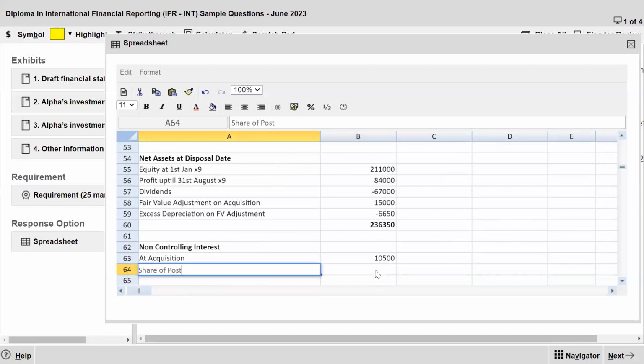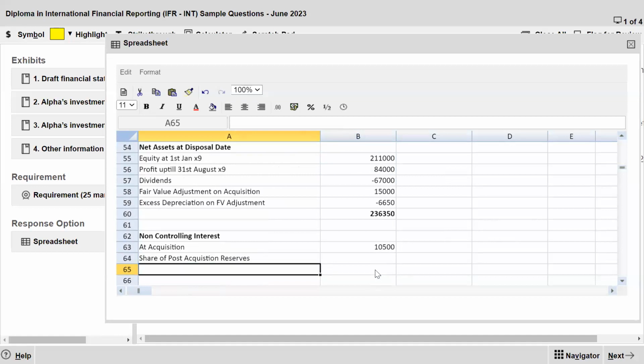Then the share of post-acquisition reserves.